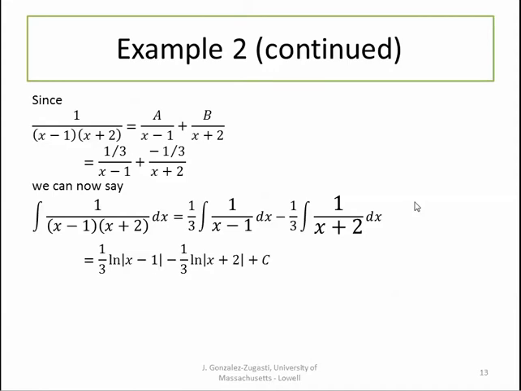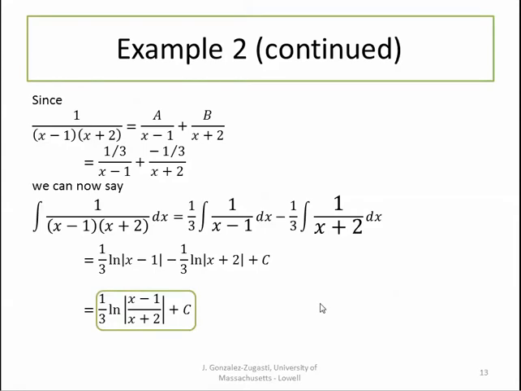Both of those we know how to integrate, and we have our answer. This was a fine answer here, but here we have a difference of logs. We can use our properties of logarithms to combine them into one logarithm, and that answer's a little bit nicer. So that's where we'll end.